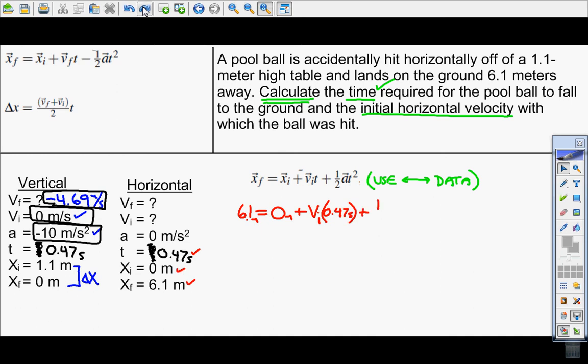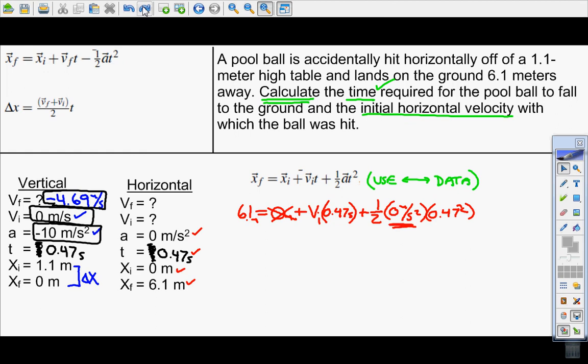Now I'm going to add that to 1/2 times the horizontal acceleration, which is 0 meters per second squared, multiplied with time squared, 0.47 seconds squared. Awesome, there's a 0. I have a lot of zeros in here. I can cross that one out because 0 plus anything doesn't matter.